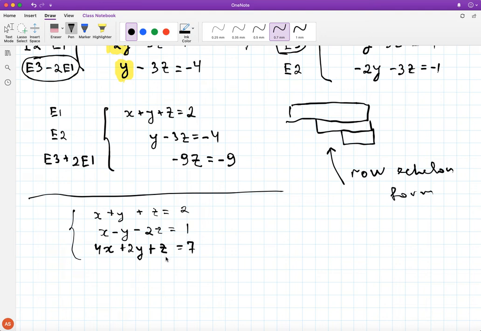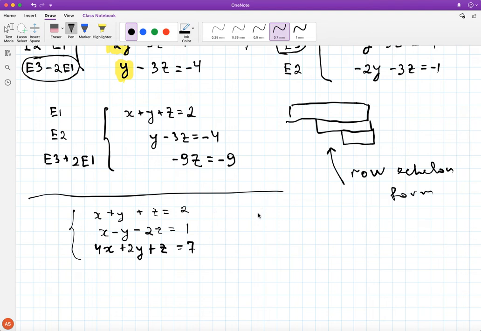We will see that this is a dependent system. And so let's carry out our elimination and see if we can solve the system.